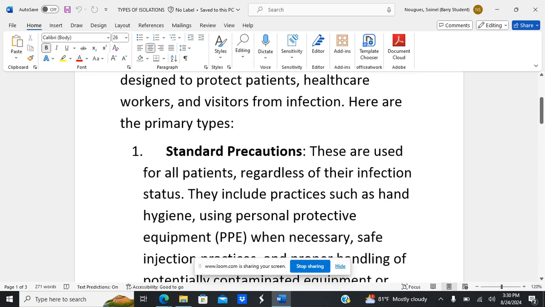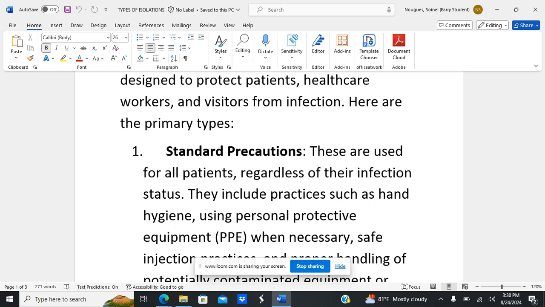We have standard precautions, which are used for all patients, regardless of their infection status. All employees and patients must be careful with the precautions. They include practices such as hand hygiene. You need to wipe your hands before and after you are with the patient.